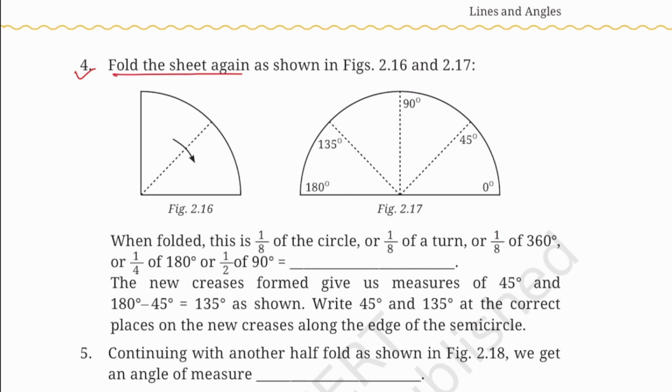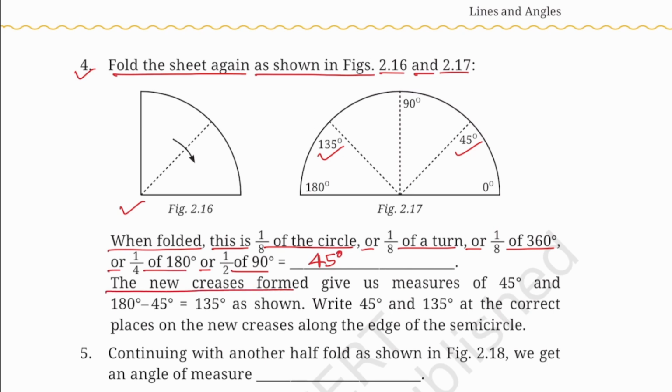4. Fold the sheet again as shown in figures 2.16 and 2.17, like this. You will get angles 45 and 135. When folded, this is 1 by 8 of the circle or 1 by 8 of a turn or 1 by 8 of 360 or 1 by 4 of 180 degree or half of 90 degree, that is equal to 45 degree.